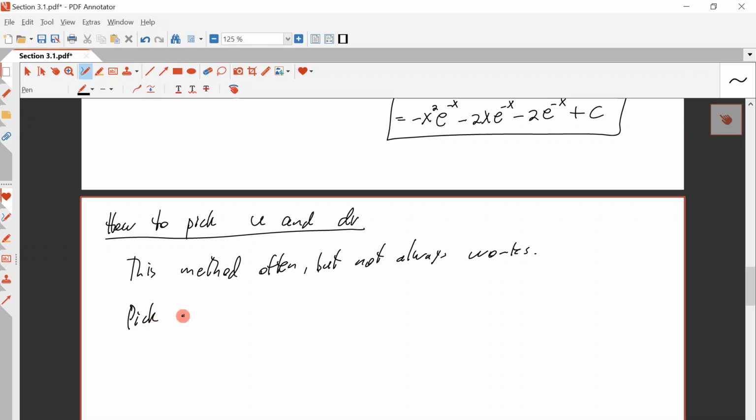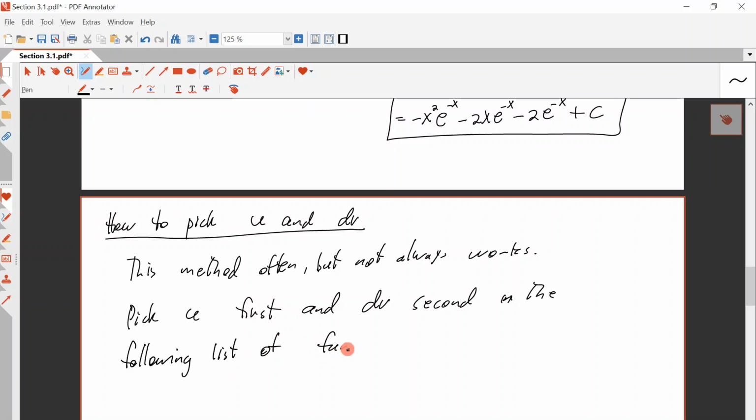Pick u first and dv second in the following list of function types.